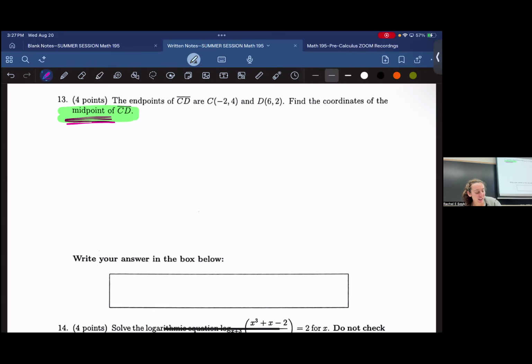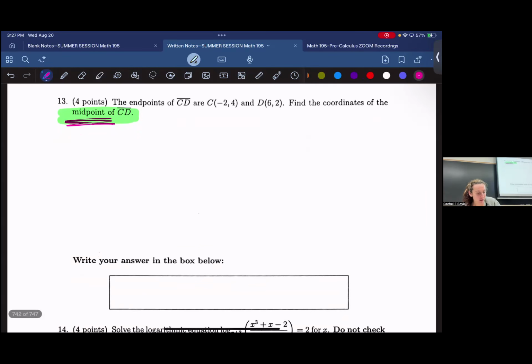When you're finding the midpoint, you're finding the average of your two x values and then the average of your two y values. So your midpoint formula is just x1 plus x2 divided by 2, comma, y1 plus y2 divided by 2. We have our x1, y1 and our x2, y2.